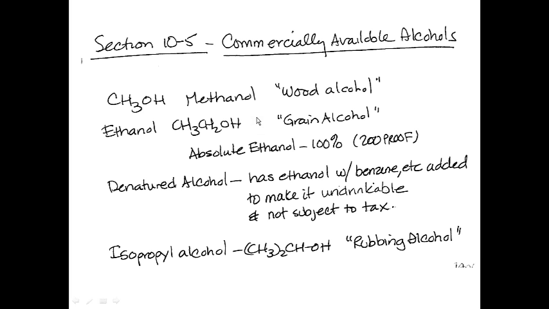So ethanol is used as a solvent. If it is fermented, it can be used as an adult beverage. There is an industrial preparation of ethanol where you can actually make ethanol from an epoxide, and we talked about epoxides last semester.